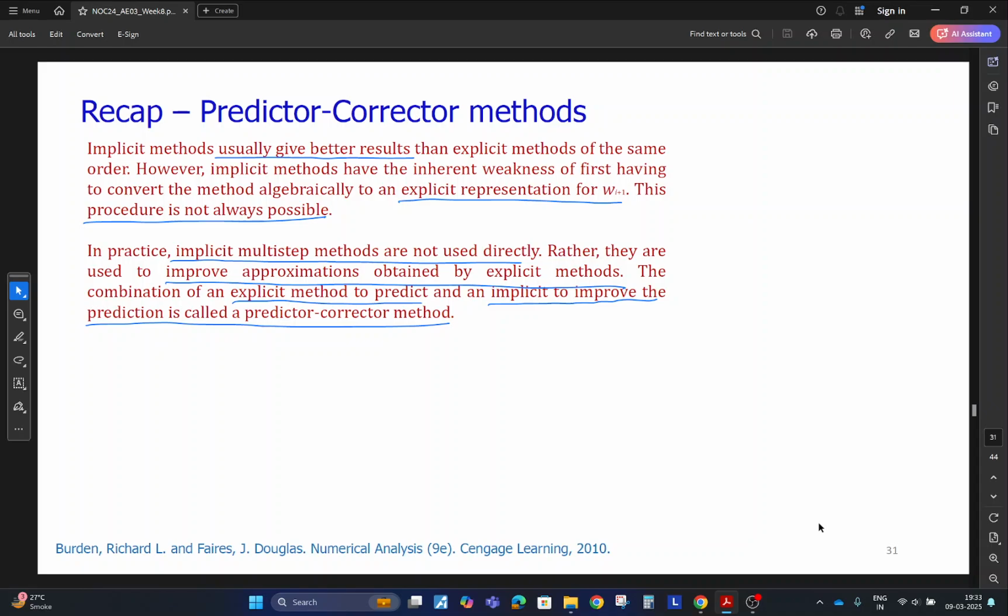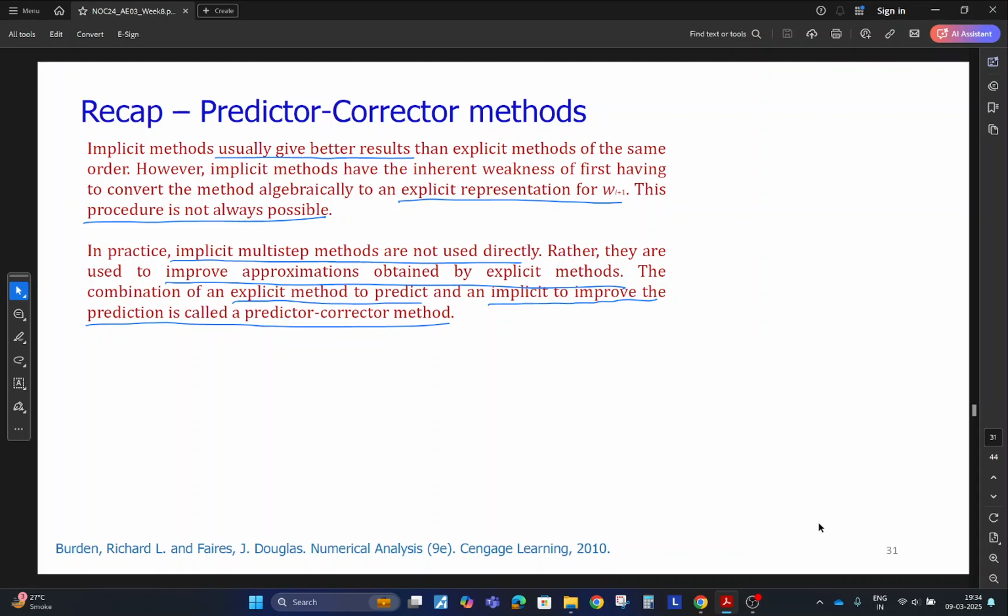But what is this dichotomy between explicit and implicit methods, and which one do we actually end up using? The implicit methods usually give better results than explicit methods of the same order. However, these implicit methods have the inherent weakness of first having to convert the method algebraically to an explicit representation for w_{i+1}, as we did in the previous example.